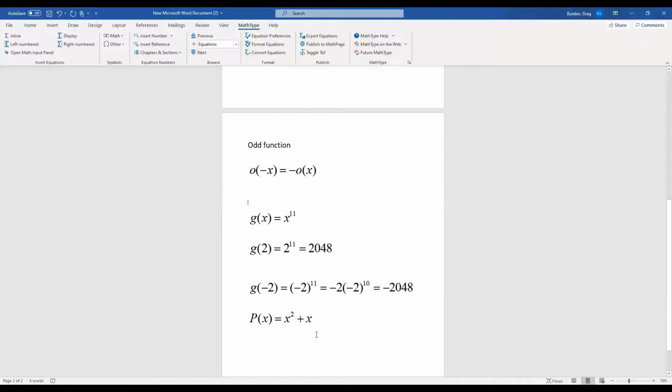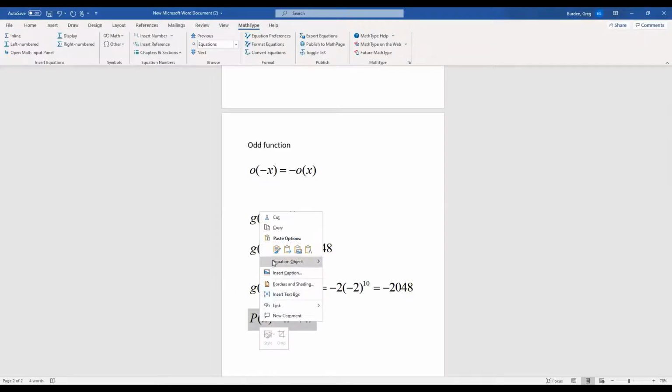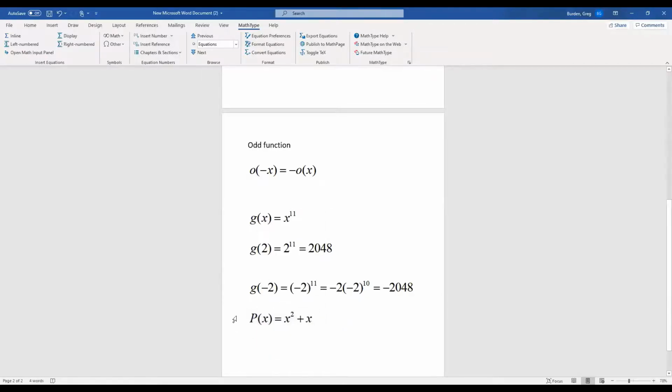If it were even, then that means that if you switch the input to its opposite, you'd have to get an output which is the same as the original.